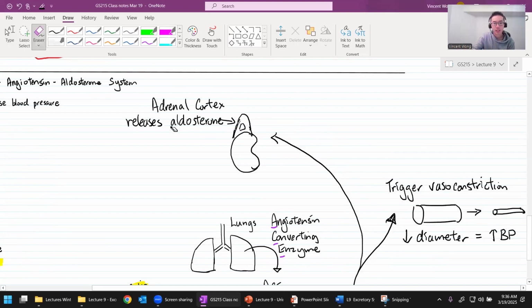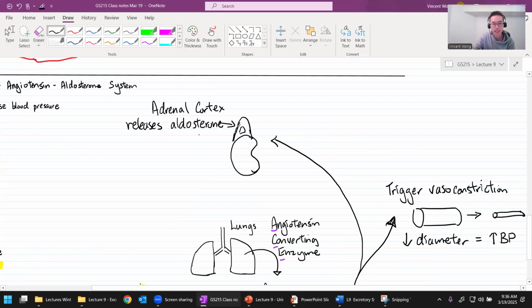So aldosterone is a hormone; everything else is an enzyme. The adrenal cortex releases aldosterone in the presence of angiotensin number two.